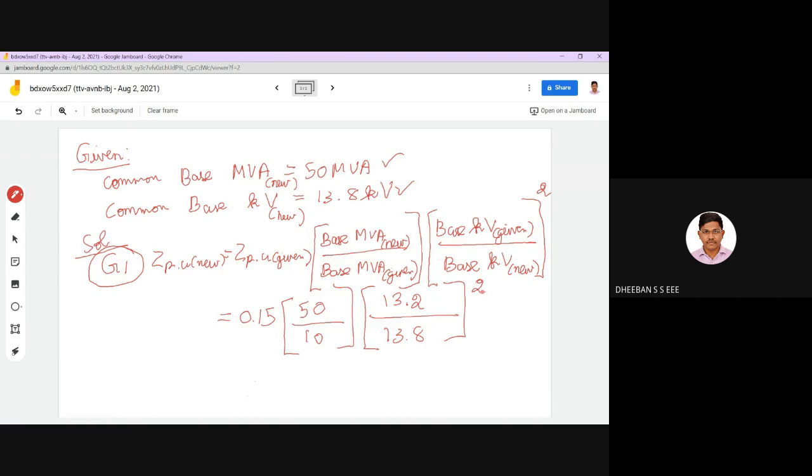For G1, Z per unit new will be equal to, you can just use a calculator and do it.